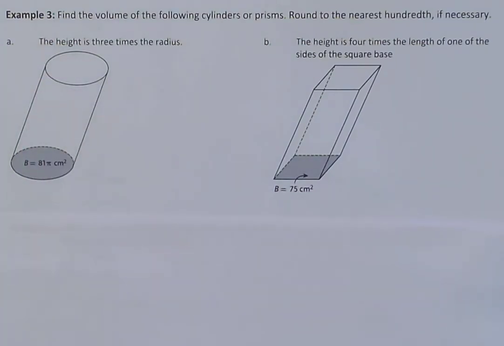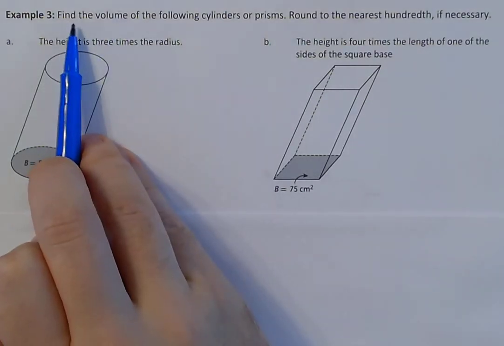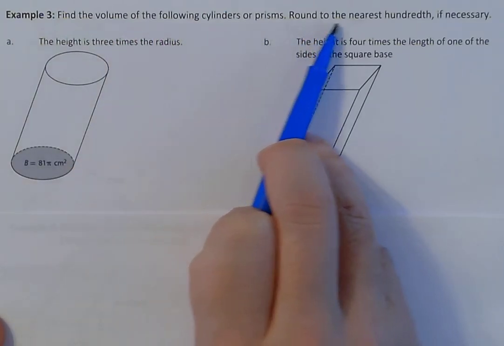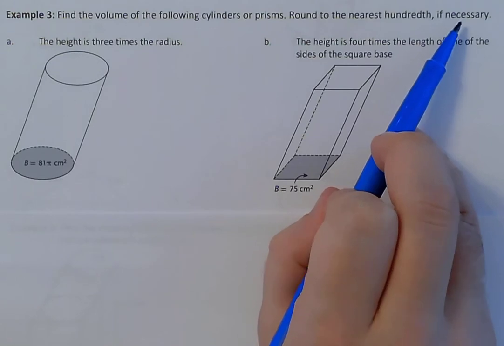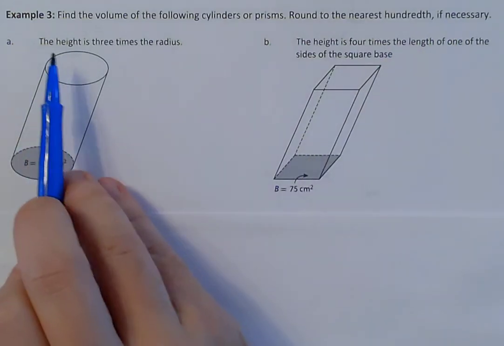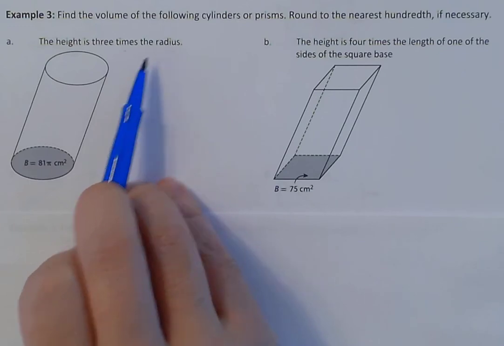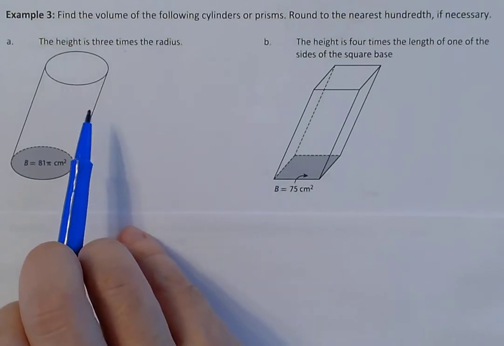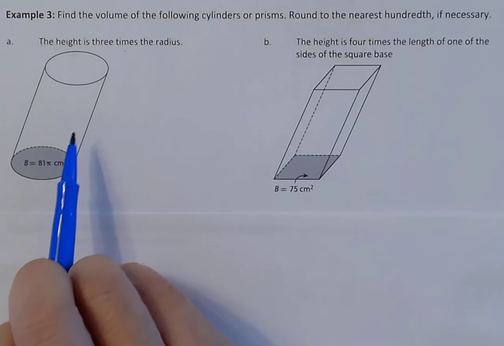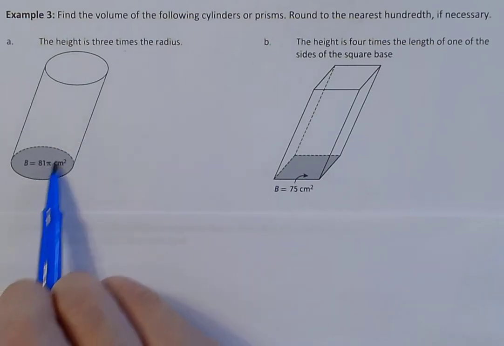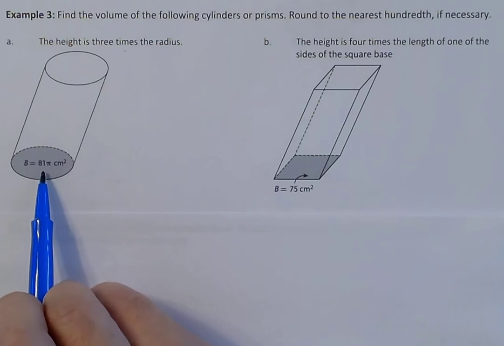So let's take a look at example 3 real quick. It says, find the volume of the following cylinders or prisms, round to the nearest hundredth if necessary. For A, they tell us that the height is 3 times the radius. So the height of this cylinder is 3 times the measure of the radius. They tell us the area of the base, the circle, is 81 pi.